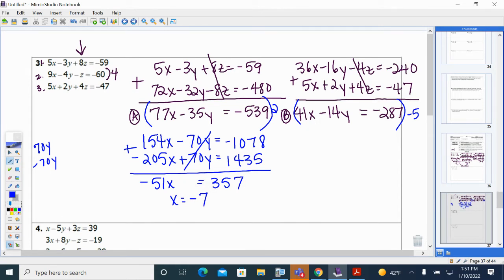All right, so again, from there, baby steps, you're going to go back to either equation A or equation B and substitute that in. I'm going to use equation B because the space is here. So x is now a negative 7. And when I solve this, I will end up with the y value. 41 times negative 7 is negative 287.